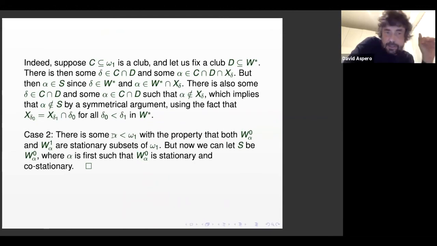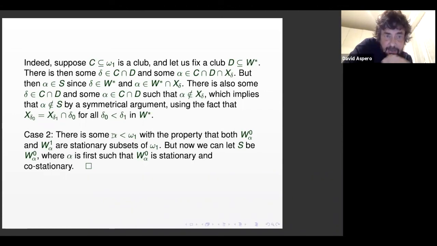So indeed, suppose that you are given a club C, and let's fix any club D that's contained in this W star. Now you take any delta, and by definition of this W star, you pick some alpha which is in C intersection D intersection X delta.